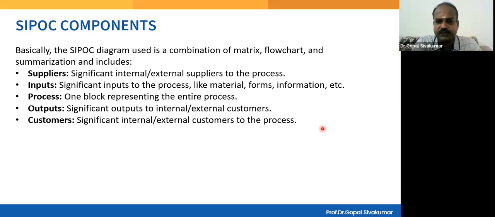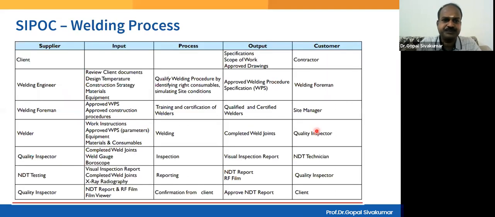And then output, the significant output that comes out from every stage of the process, catering to the needs of the internal or external customer. And customers are the stakeholders, the people who require the intermediate outputs, and even the end user who requires the final output, and all of them are visualized.